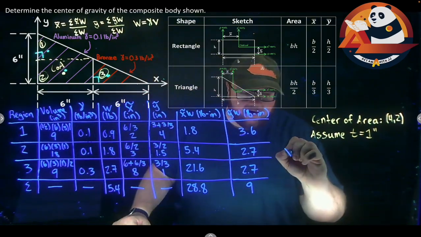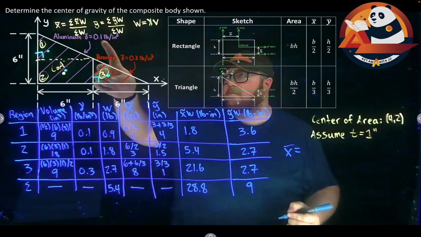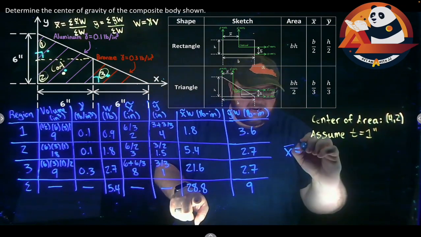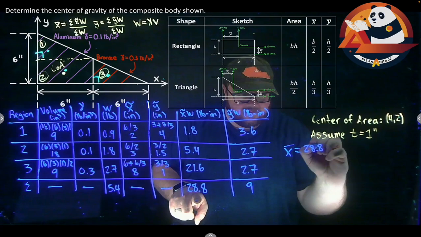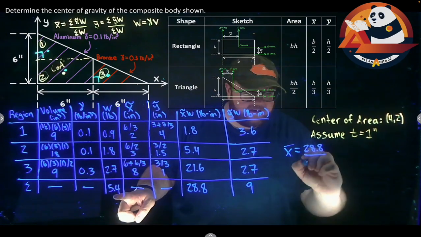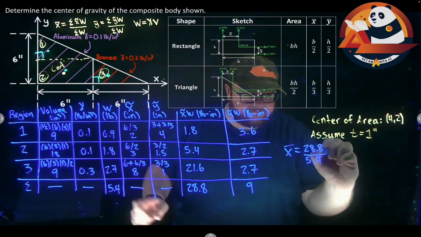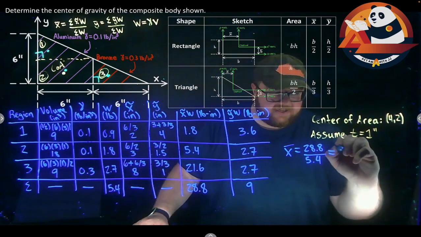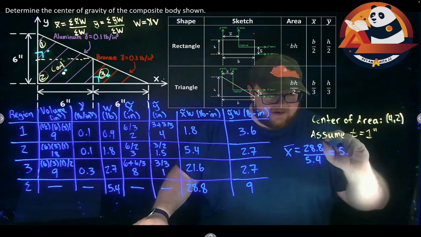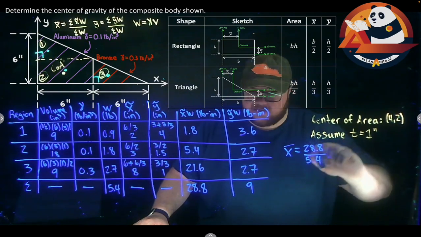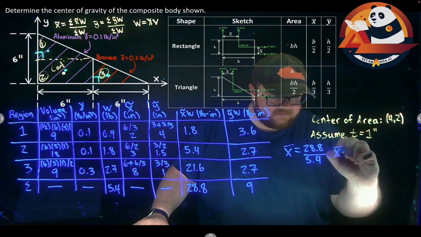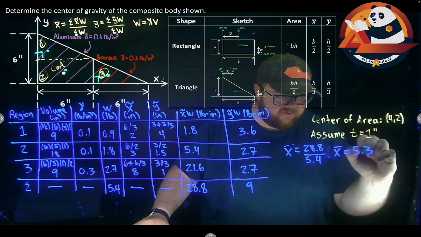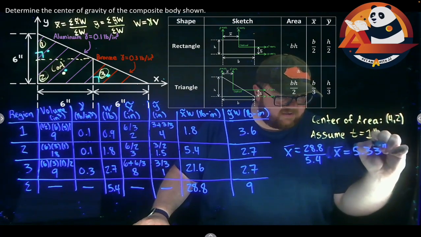X bar should be my sum of my x tilde w, 28.8, divided by my total weight, 5.4. This is going to get us 5.33 inches. X bar equals 5.33 inches.